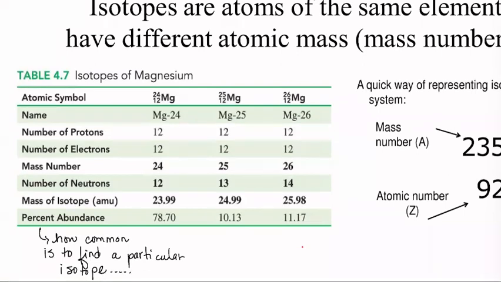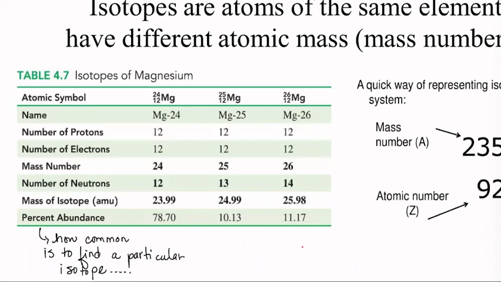As you can see, comparing magnesium 24, 25, and 26, magnesium 24 has the highest percent abundance at 78.70. Having a high percent abundance means that out of all of these isotopes of magnesium, magnesium 24 is the most common, okay?